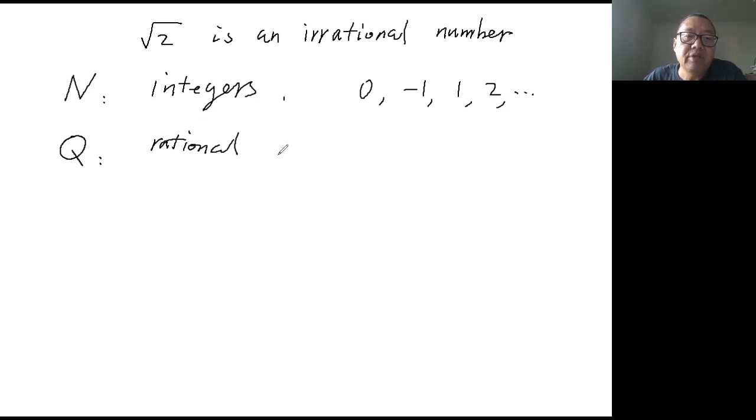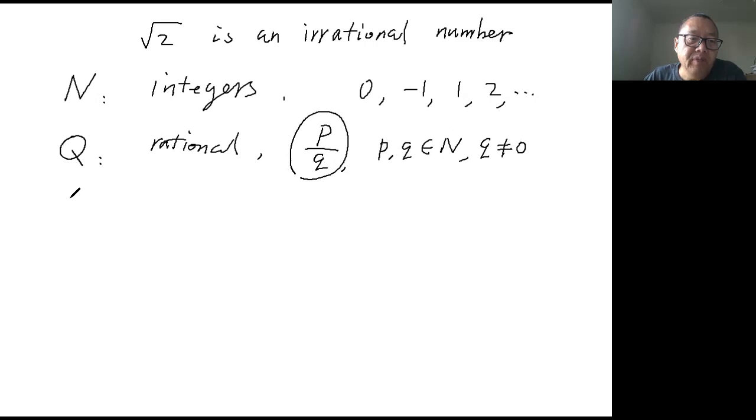The general form of a rational number is P over Q, where P and Q belong to the integers, and Q is not equal to 0. If Q equals 0, the denominator is 0 and the fraction is meaningless, right? This kind of number we call rational numbers.